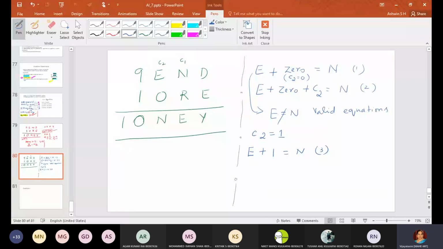Now I'll go to the next one in the addition. N plus R. I don't want to write simply E. Can you tell why? N plus R plus C1 is equal to 10 plus E. Do you agree with this equation?